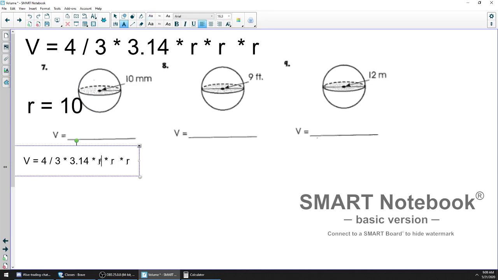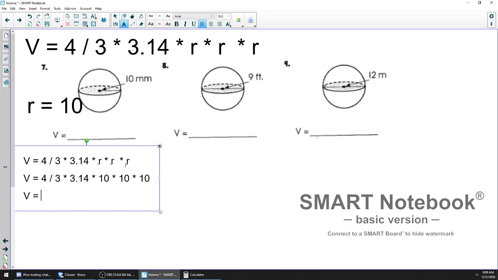So let's do that right now. Volume equals 4/3 times 3.14 times r times r times r. So I keep the numbers the same. 4 over 3 times 3.14 times 10 times 10 times 10.